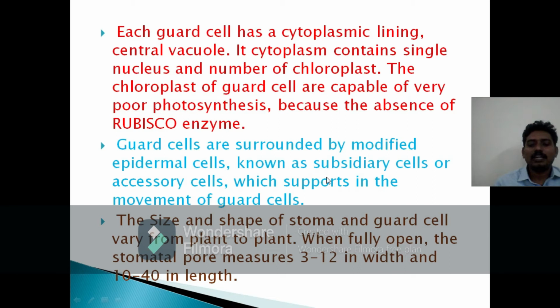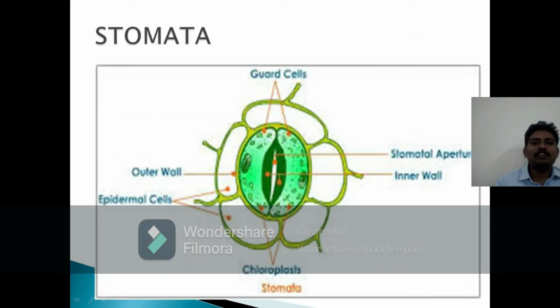Coming to the next point, surrounding the guard cells we can find the subsidiary cells. So these are all subsidiary cells, and there are 2 to 4 in number.